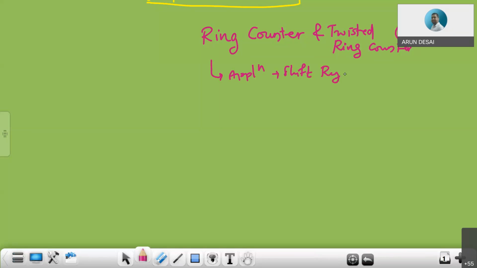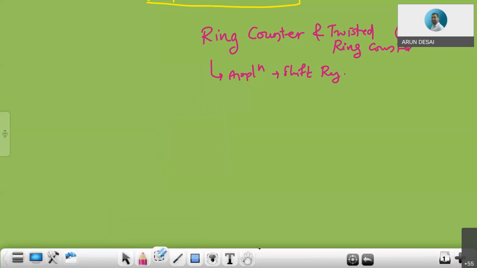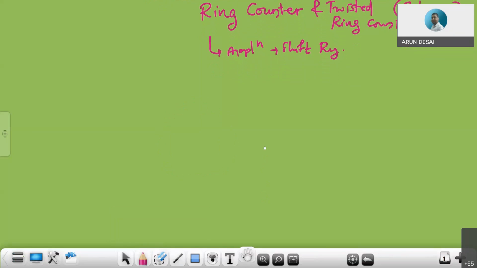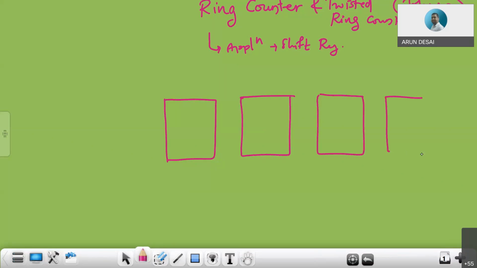So how does a ring counter work? We'll try for 4 bits. So those are my 4 flip-flops.